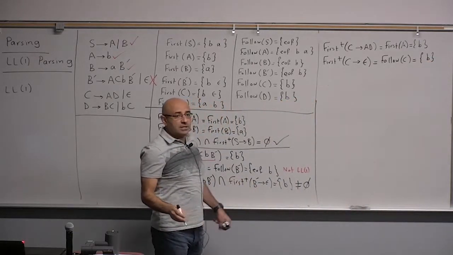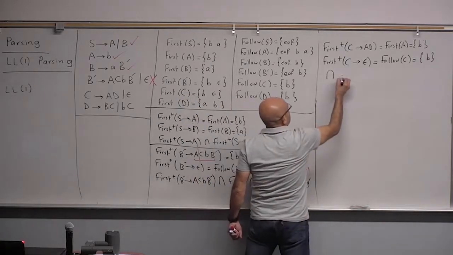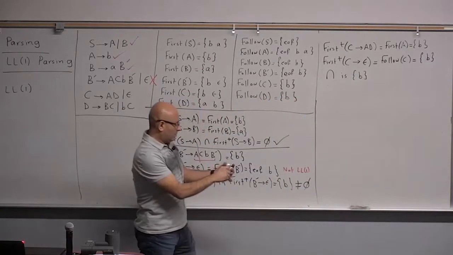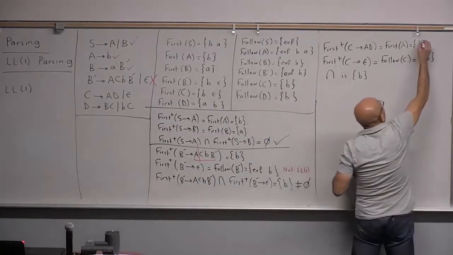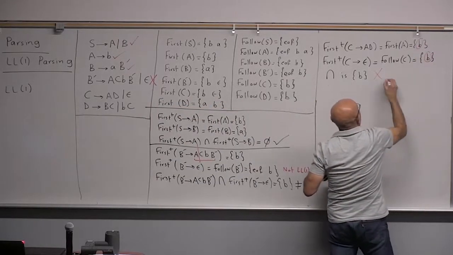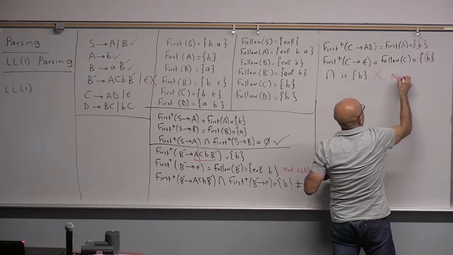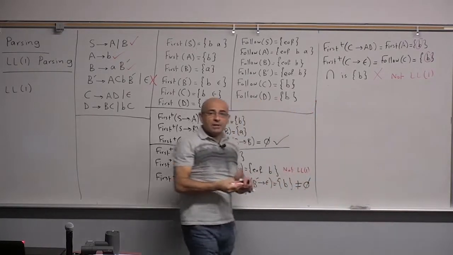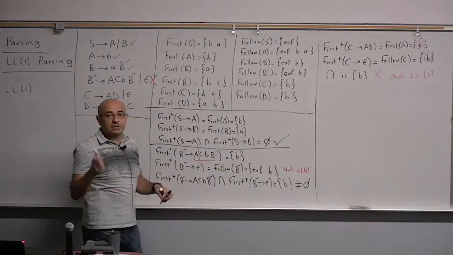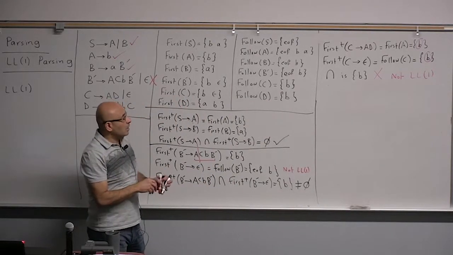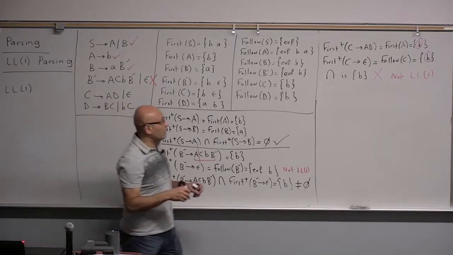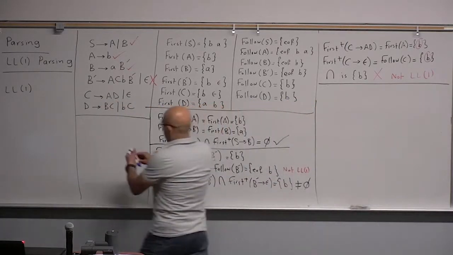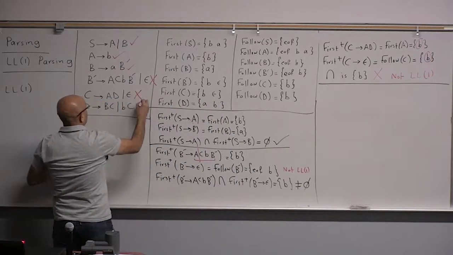The intersection is B, which is not good. Again, not LL1. One non-empty intersection is sufficient to call it non-LL1. So this is not good.